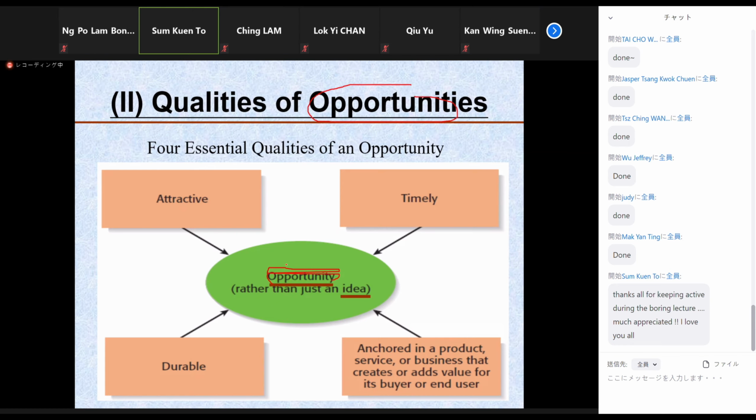So in order to be qualified as opportunity, there must be 4 major quality characteristics. I call it DATA. They are durable, attractive, timely, and anchored value or add value.